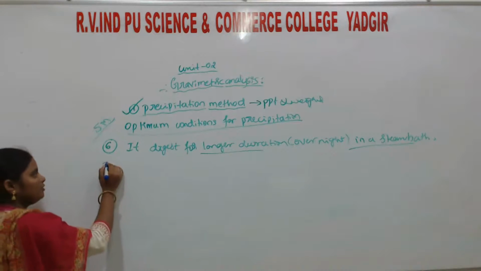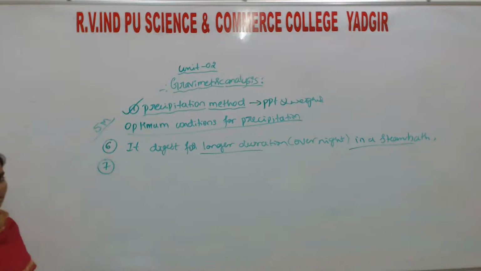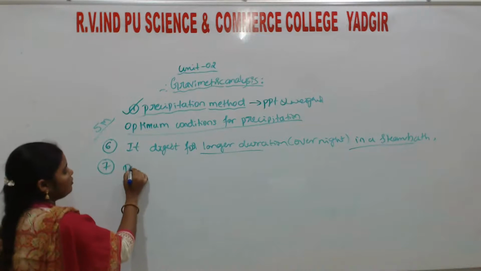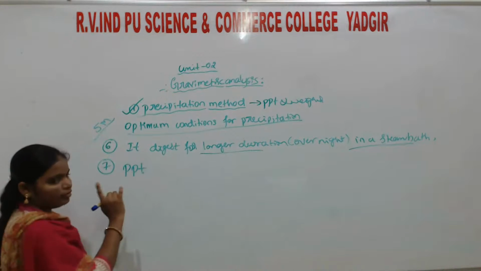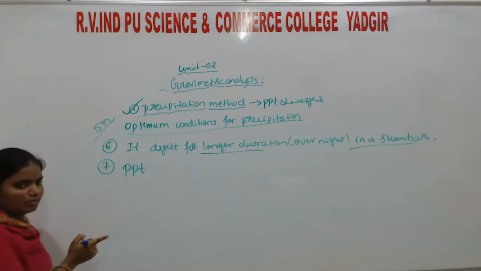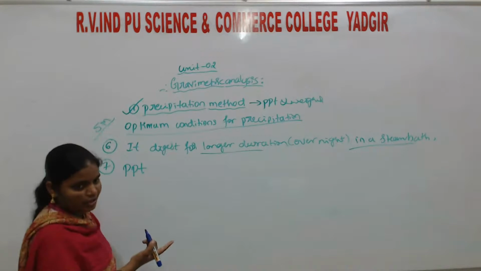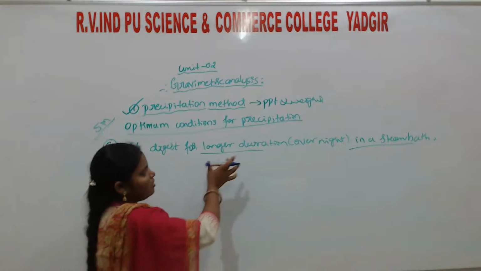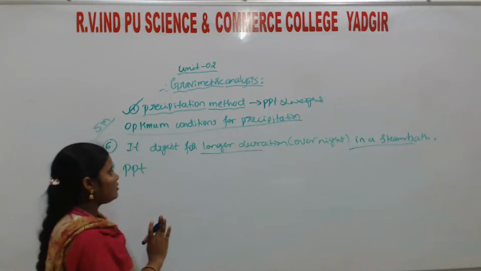Next, the seventh one. The precipitate should be washed with a suitable dilute solution. In the fifth point, the precipitate is formed. Afterwards, it is digested for a longer duration or overnight.